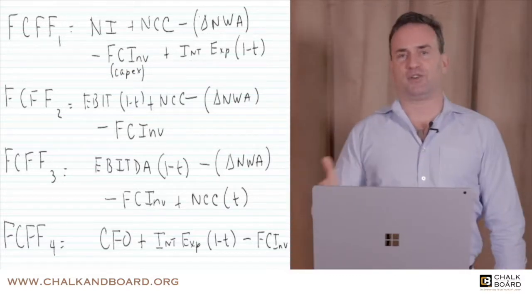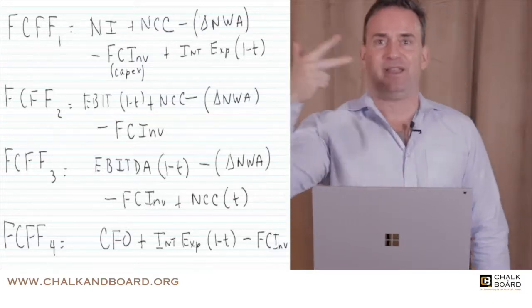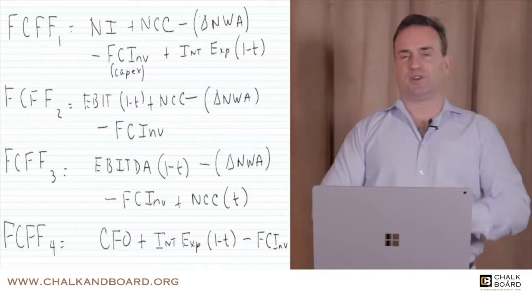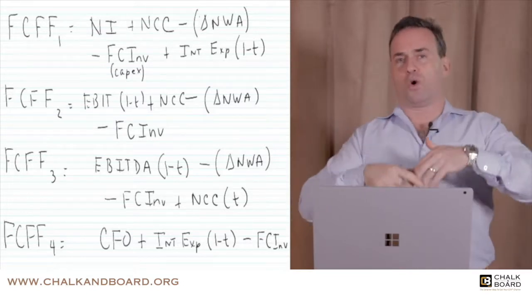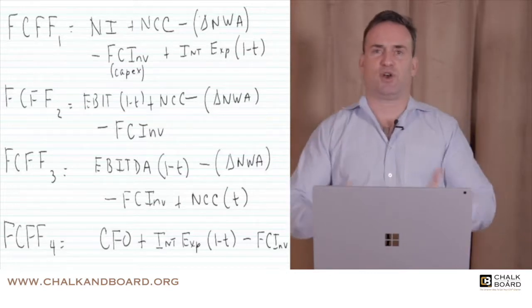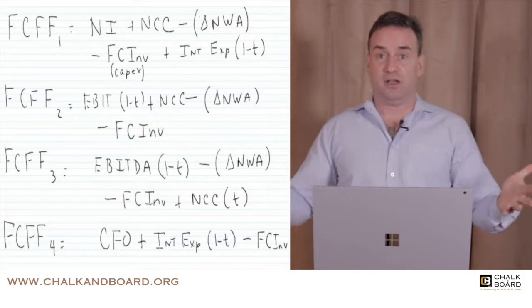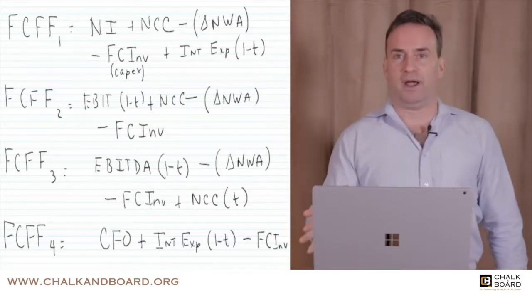Who are all the providers of capital? The bondholders, the preferred shareholders, if there are any, and the common shareholders. So we're saying that it's the unrestrained or unfettered free cash flows that are available to all the providers of capital, debt holders, preferred shareholders, and common shareholders, after what?